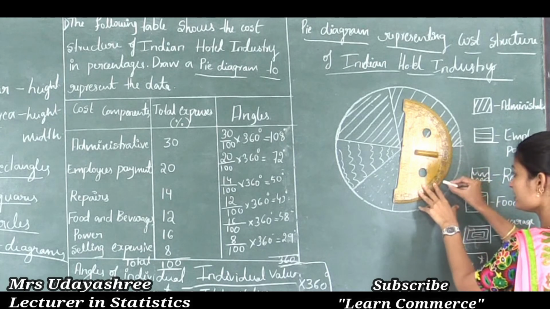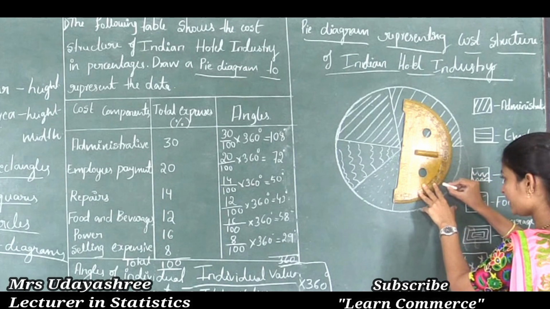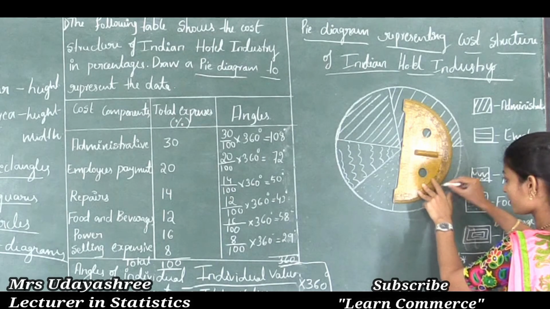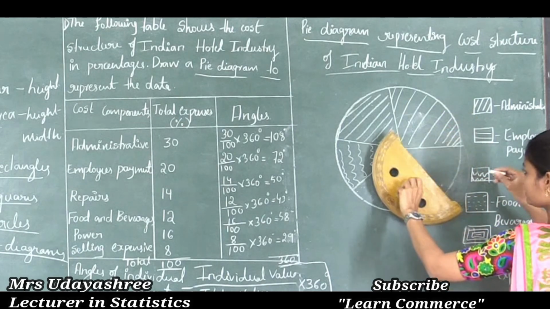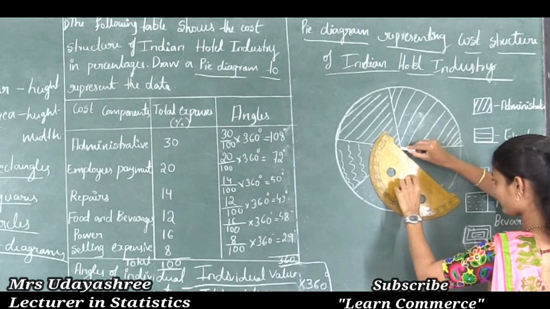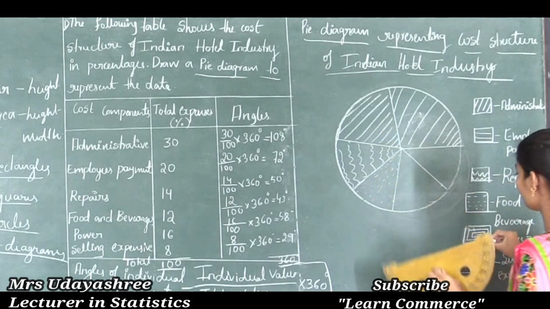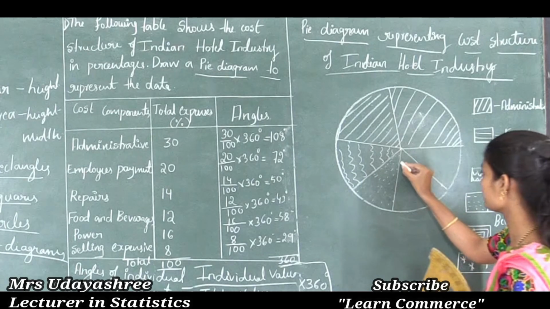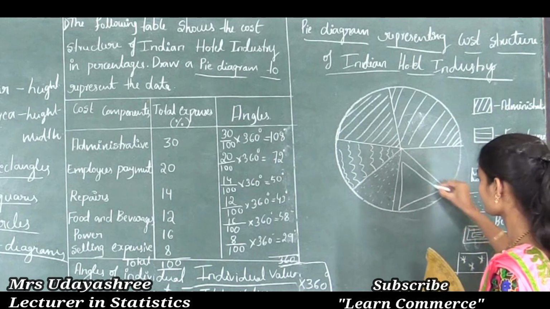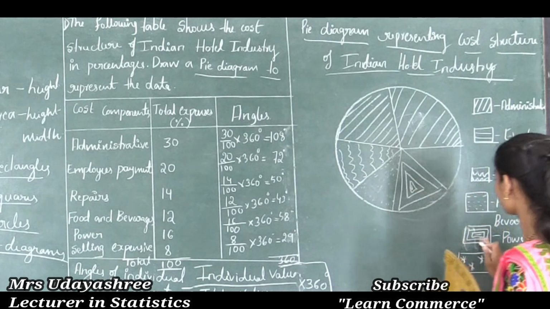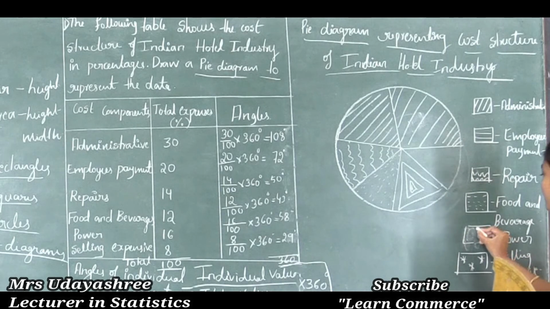So see, here it is 60, here it is 59, and here it is 58 degrees. So this is power, right? For power the shading mark is like this. Yes, for power the index is like this.